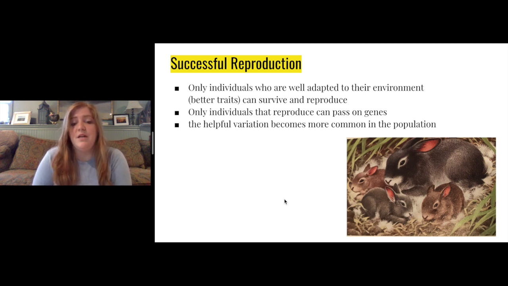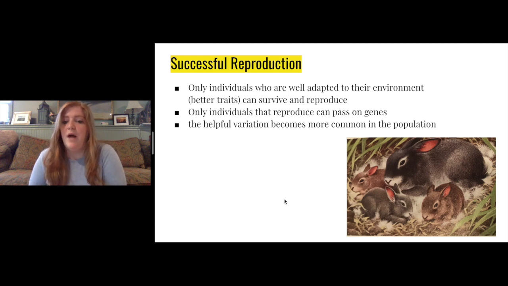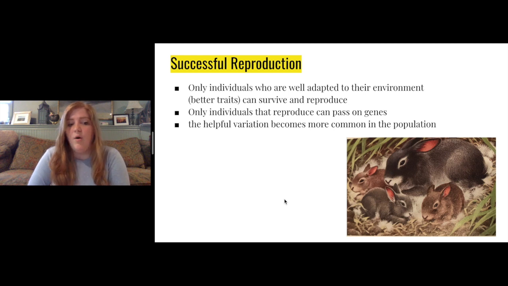Those genes meaning those better traits that allow them to survive in that environment. So these are the individuals that will be able to reproduce and pass on the genes. And the helpful variation, as in all those different traits, become more common in the population, which over time allows different species to adapt and change.